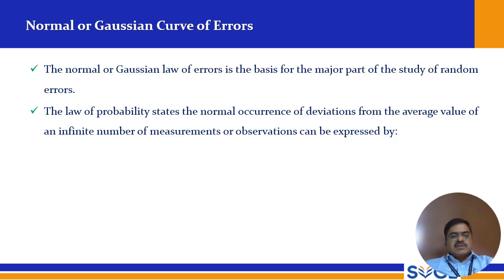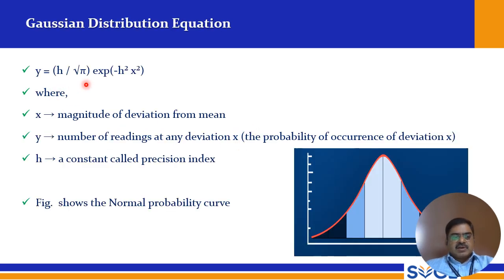Normal or Gaussian curve of errors is another method. Normal or Gaussian errors are the basis for the major part of the study of random errors. The law of probability states that the normal occurrence of deviations from the average value of an infinite number of measurements can be expressed by the relation y equal to h by root pi times exponential of minus h square x square.